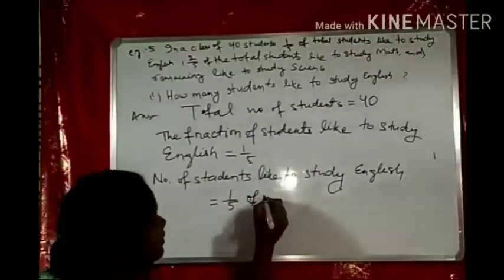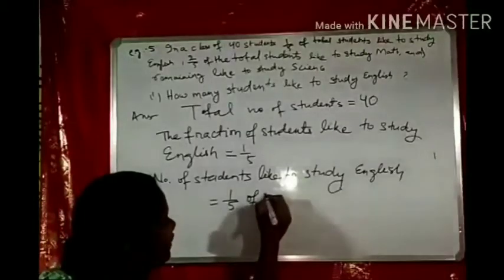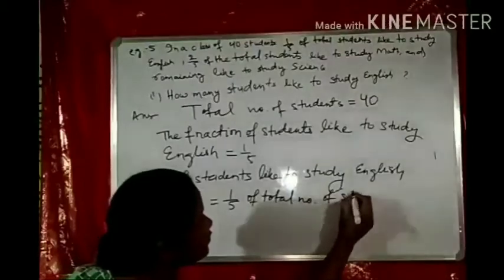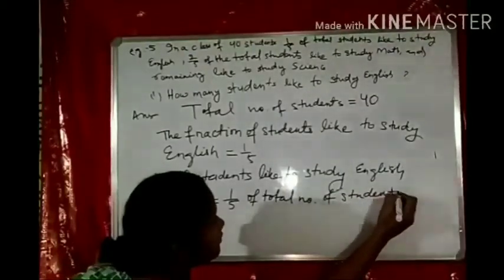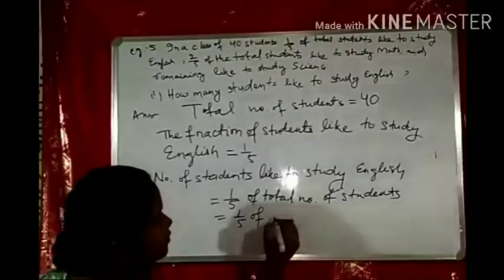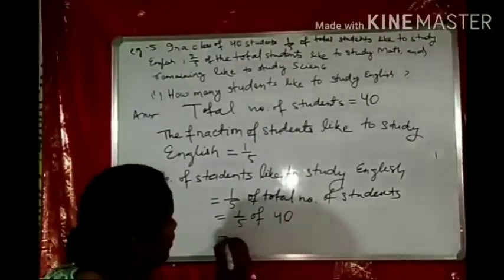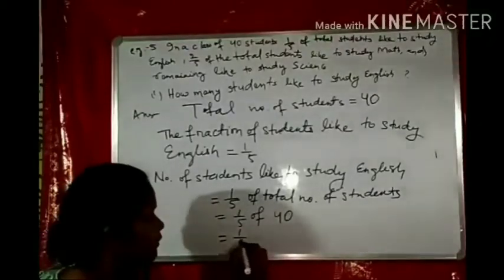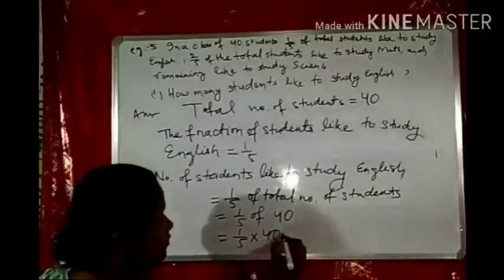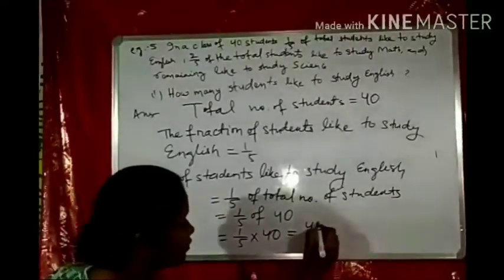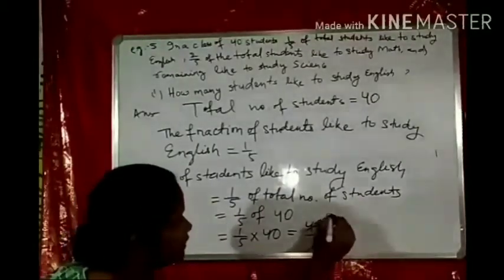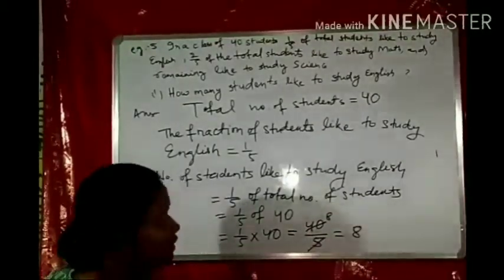The total number of students. So 1 by 5 of the total number of students is how much? 1 by 5 into 40. You can multiply 1 into 40 equals 40 by 5. So you can divide, 5 eights are 40. So the answer is what? 8.